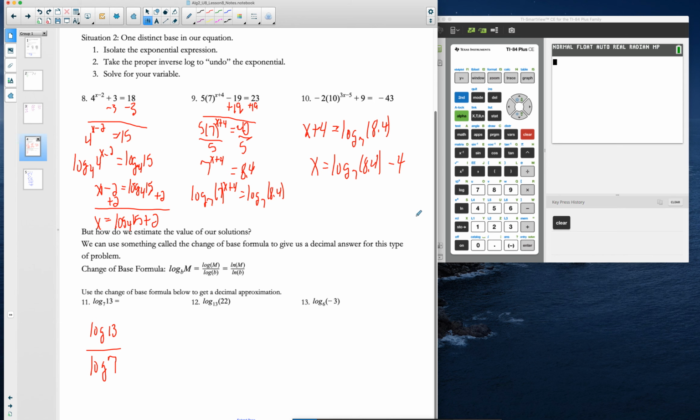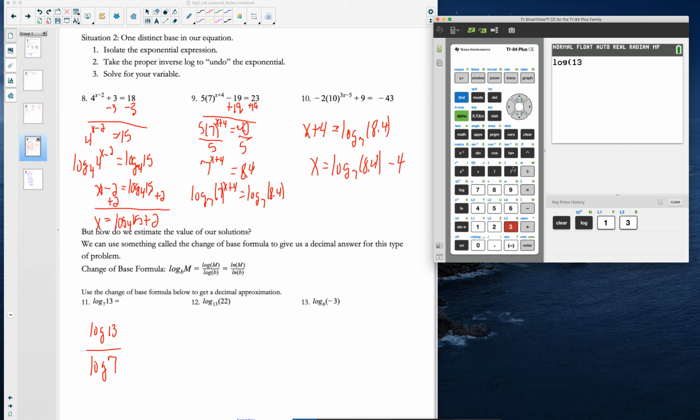Then I can just come to my calculator, and now I have a key here. So I can do log of 13 divided by log of 7, and you can see that I get 1.3. Now, notice if I did natural log of 13 divided by the natural log of 7, I get the same answer.